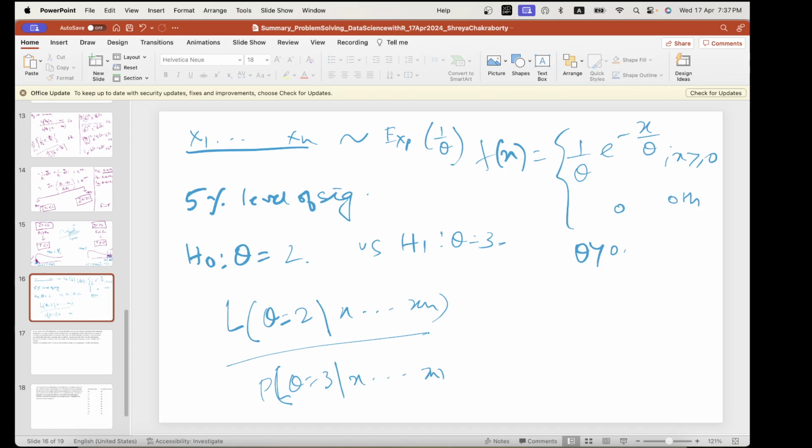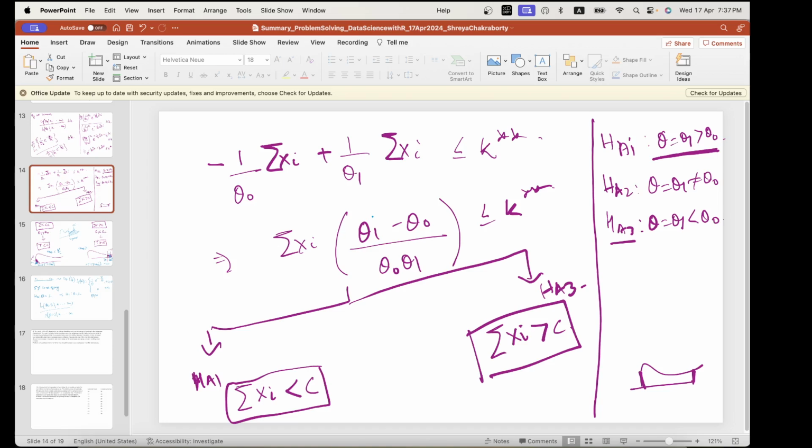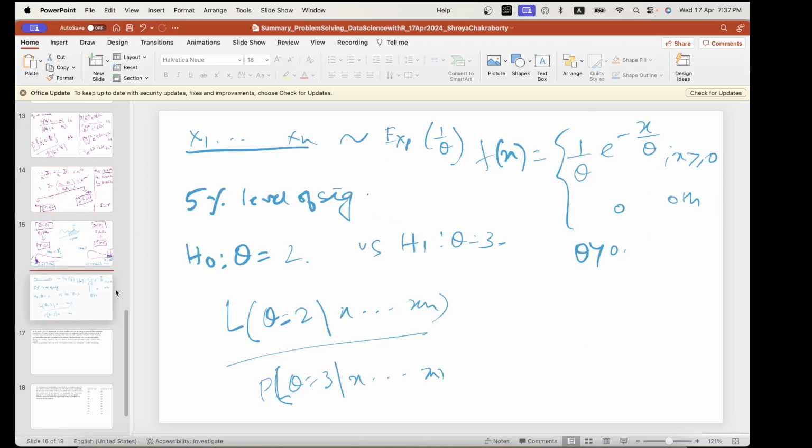Okay, so here with theta equal to 2, you'll finally end up at some sort of inequality. If you're also told the rejection rule is specified, that if this happens I reject, and if this doesn't happen I accept, then this will be your joint PDF.